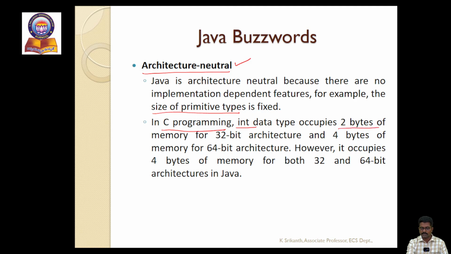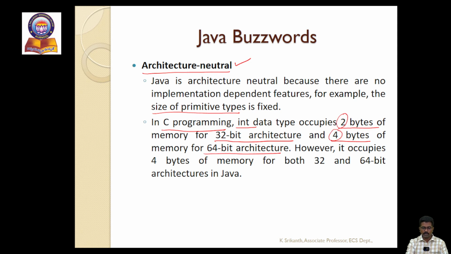Some students say 2 bytes, some say 4 bytes. Why is there this difference? Because C programming is machine dependent and platform dependent. Based on the type of architecture of the system, the size differs. For 32-bit architecture, the size is 2 bytes. For 64-bit architecture, the size is 4 bytes.